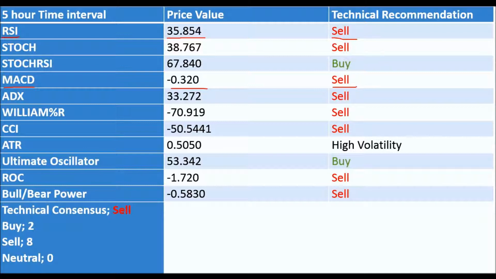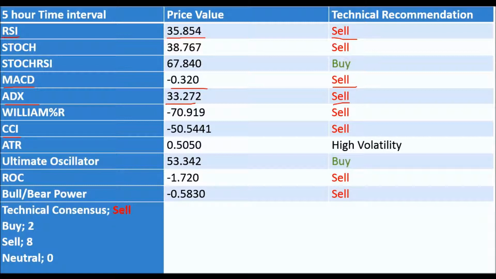Moving down 1 notch, we have the ADX, which is the average directional index. If a reading is above 25, it shows that the trend is picking up really strong. It now has a price value of 33.272 with a strong sell recommendation. Moving down 2 notches, we have the CCI, which is the commodity channel index. It confirms a buy or sell signal.